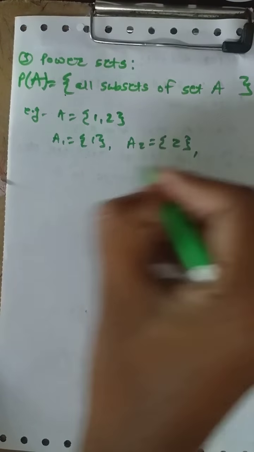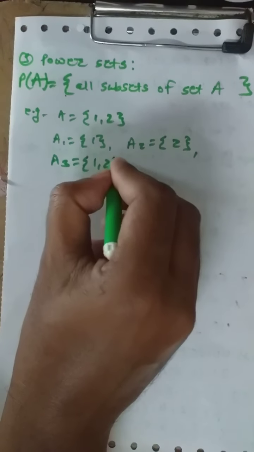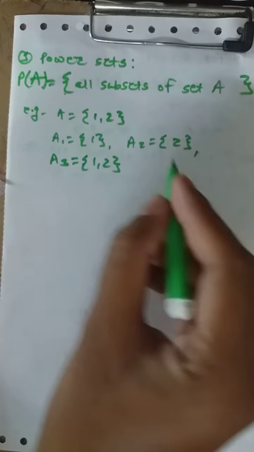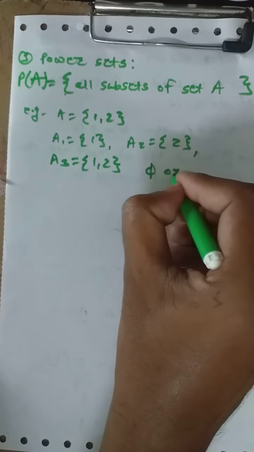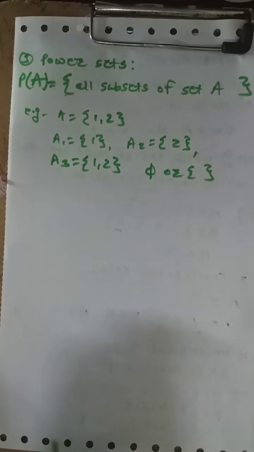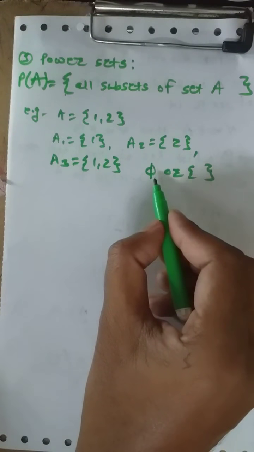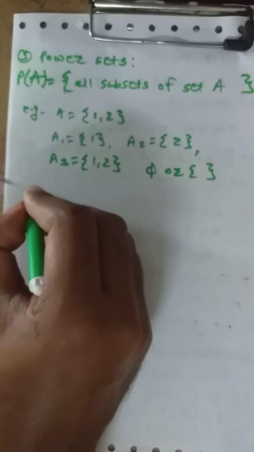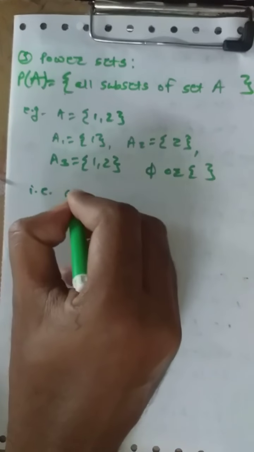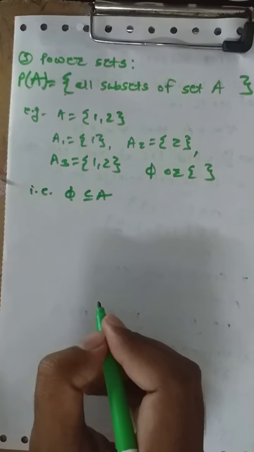Again, A3 is another subset, {1, 2}. And last, the empty set, because the empty set is by default a subset of any set.